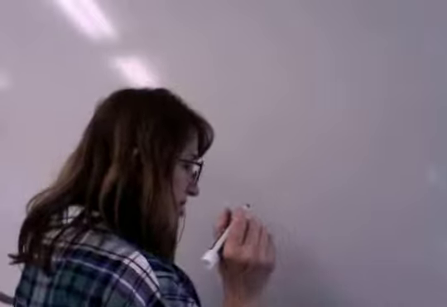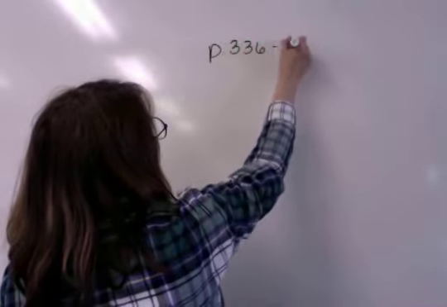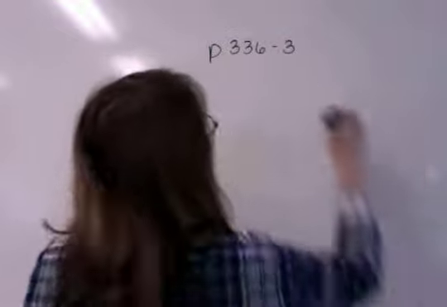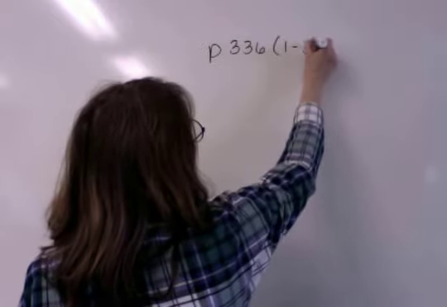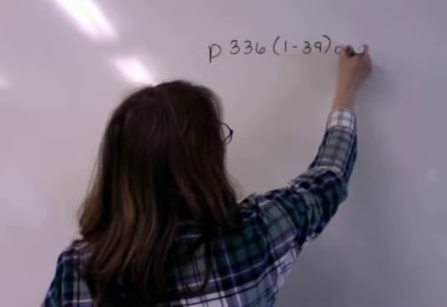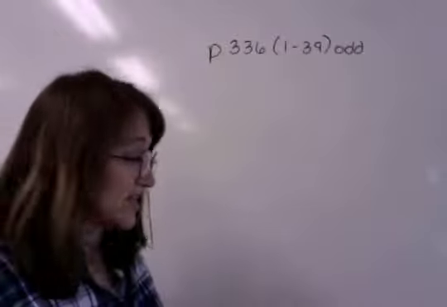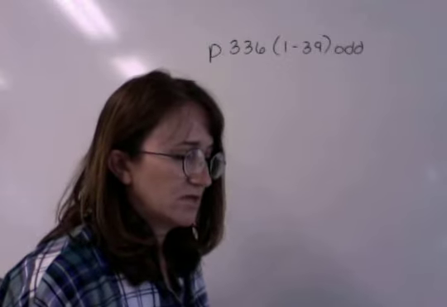So your homework is on pages 336 and 337. Nope, it's just 336. And we're just going to do the odd ones, 1 through 39 odd. I don't know if I wrote it out there, but oh well. And let's look at a few of these.